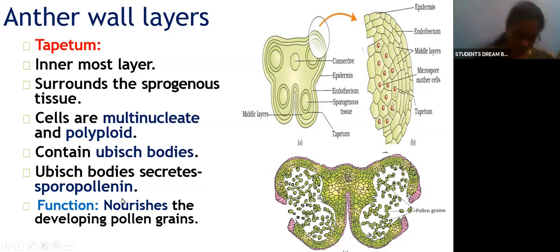We'll see what this sporopollenin is later. The main function is to nourish the developing pollen grains.